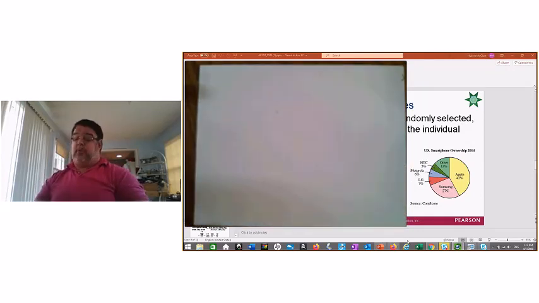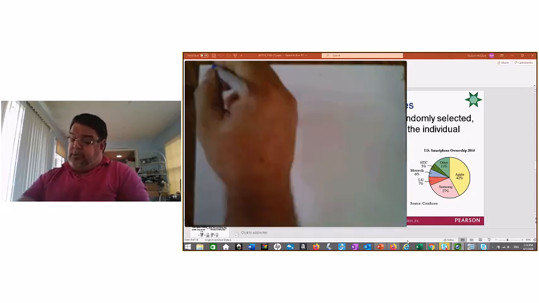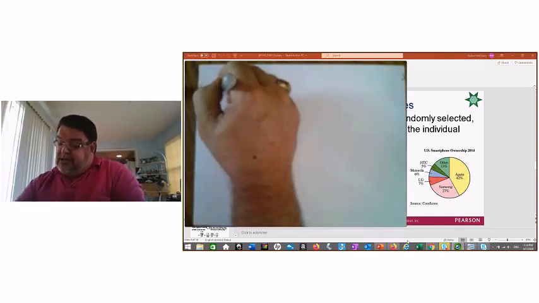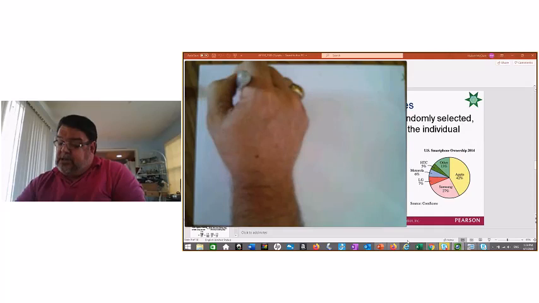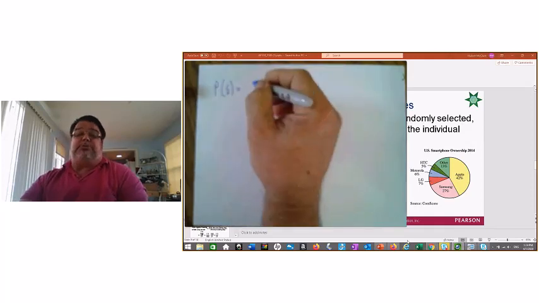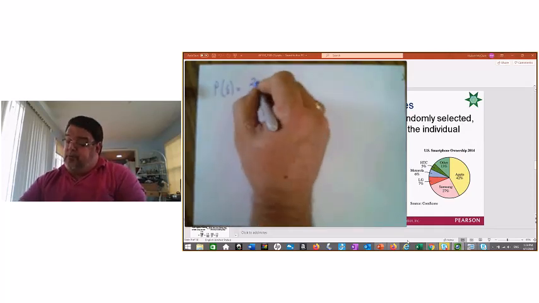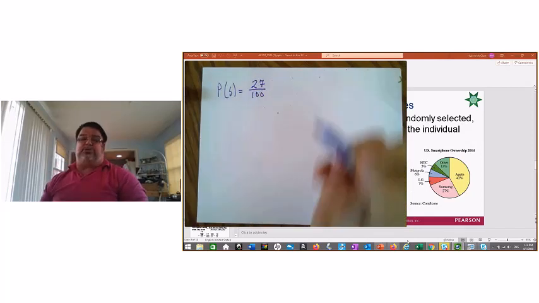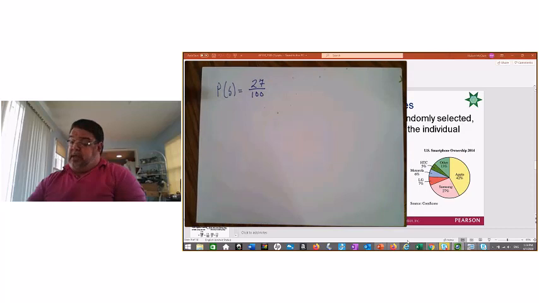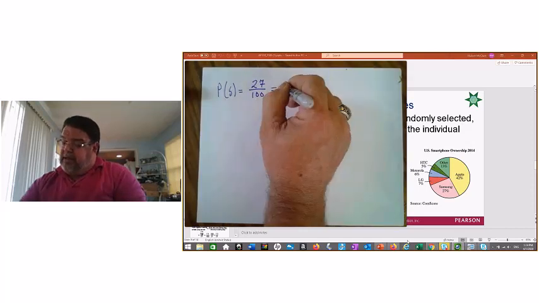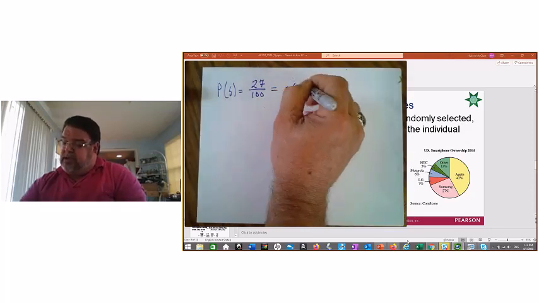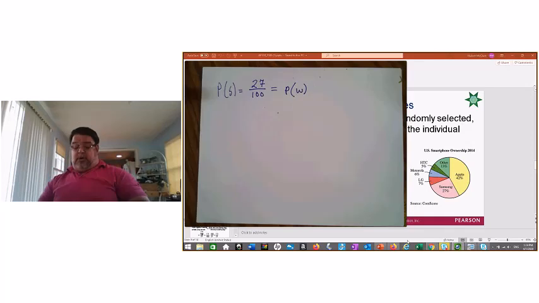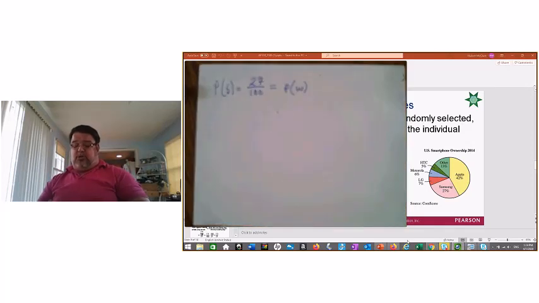So, first of all, the probability of a Samsung is equal to 27 out of 100. 27% is 27 over 100. And that is our probability of winning, because that's what the question just said.